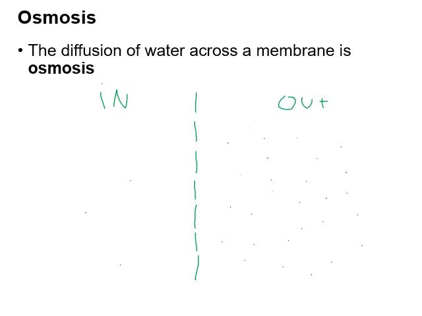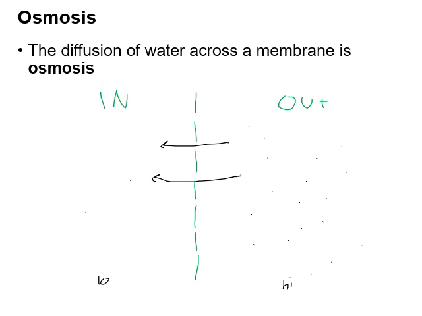In terms of diffusion, the solute, so these little black dots, are going to want to go from when they're in a high concentration, which is on the outside of the cell, to where they're in a low concentration, which is on the inside of the cell. So the solute is going to move this direction, from high concentration to low concentration.